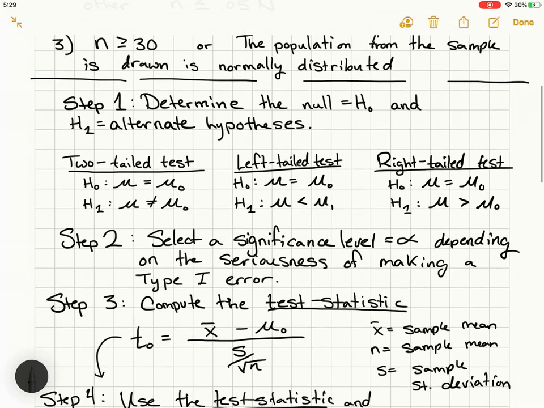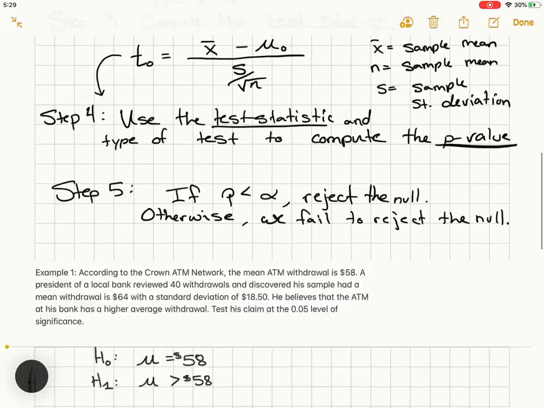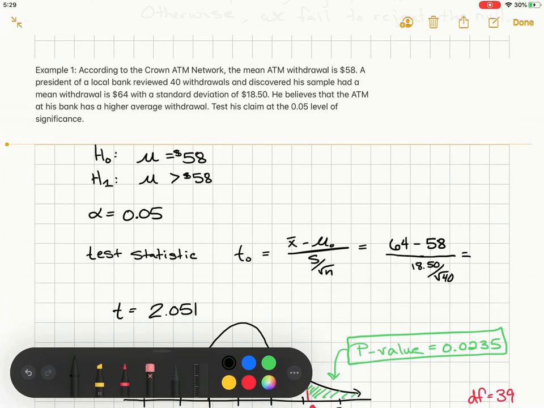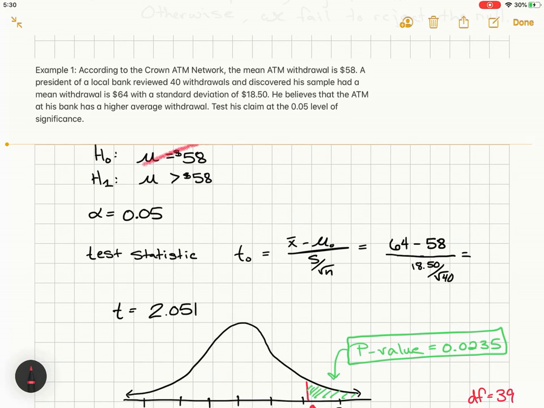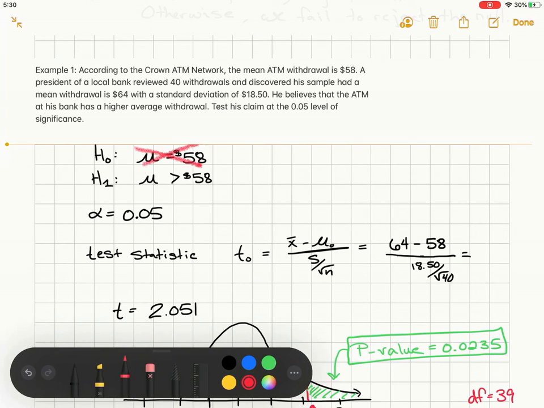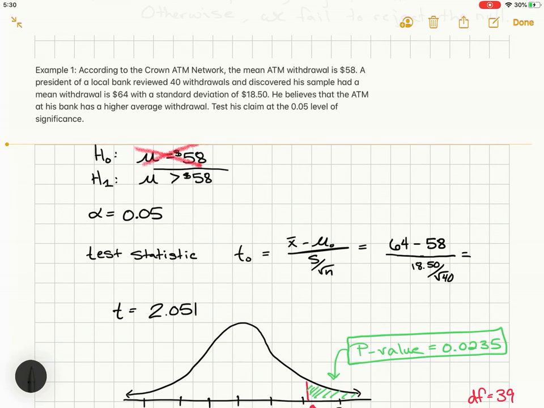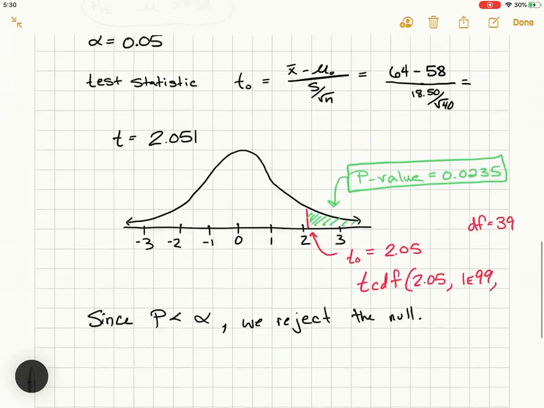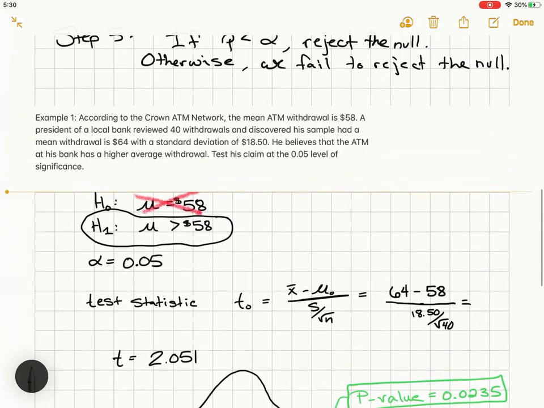So we reject the idea, right? We reject this. Reject that idea. So it's as if we're saying the bank president is right, the average is actually more than 58 because we rejected the null hypothesis.